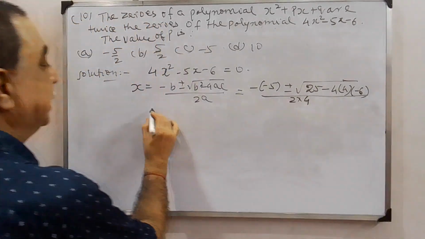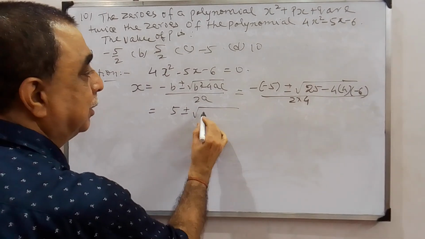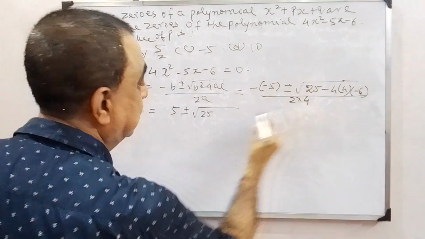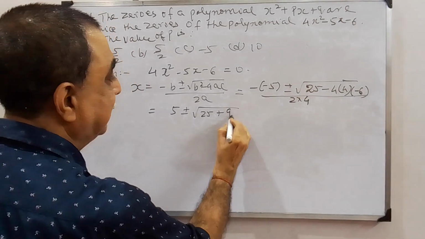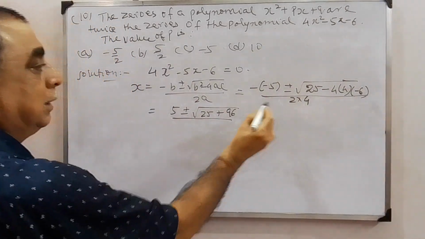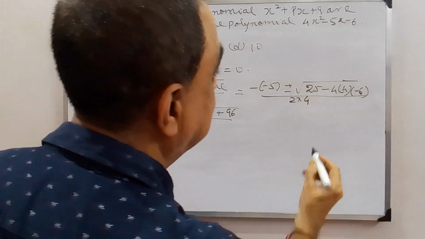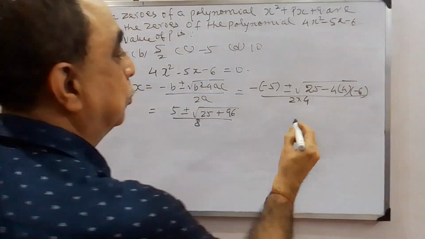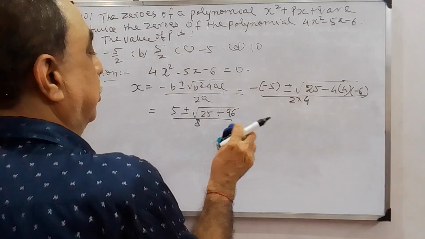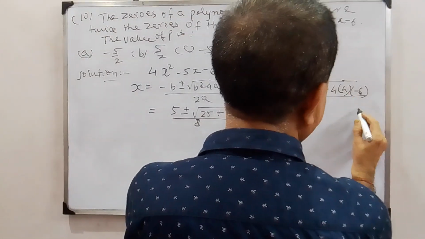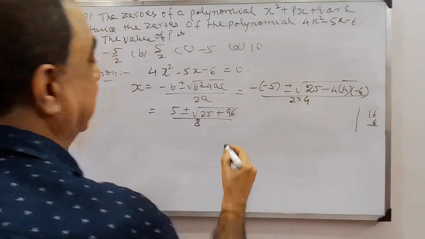So this becomes 5 plus minus square root of 25, minus into minus becomes plus 40, this becomes 96, whole divided by 8. Now 16 into 4, oh sorry, 16 into 6 is 96, so it is correct.